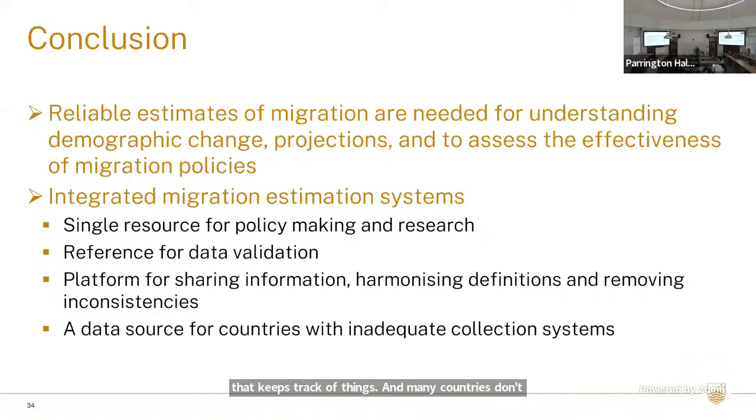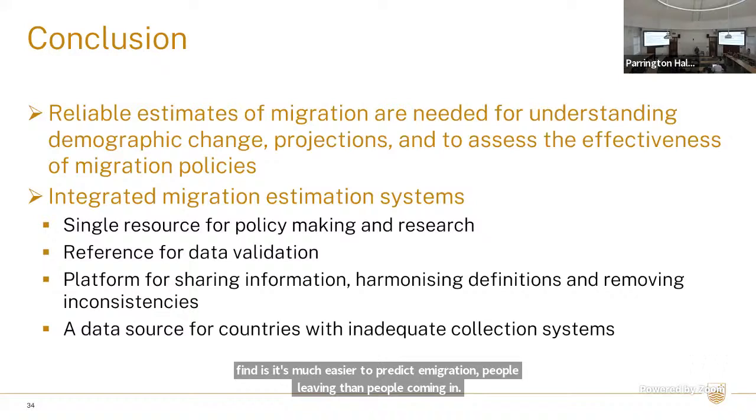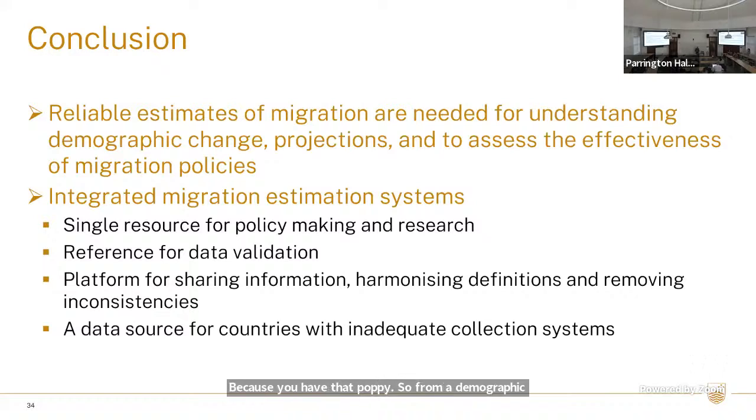On the other hand, in countries that do have estimates of both, it's much easier to predict emigration than immigration, because you know who's in the population: how many foreigners you have, their ages, sexes, potentially their occupations, and what visa categories they're on. So it's a challenge.